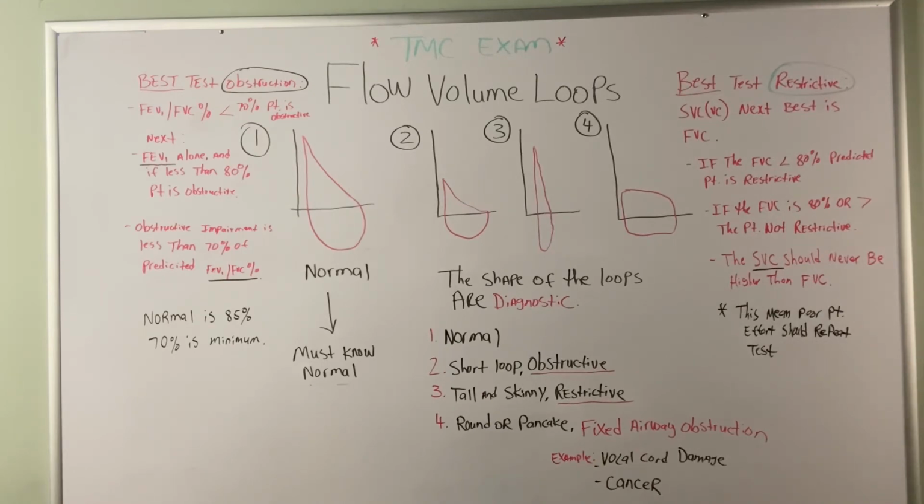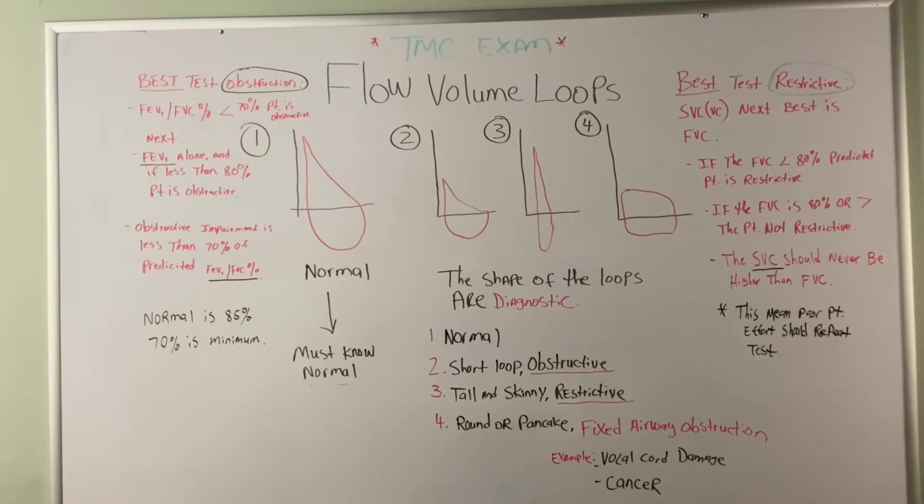Now, on the TMC exam, you will definitely run into this scenario. The SVC, or slow vital capacity, should never be higher than your forced vital capacity. You'll see that on the exam because this means that there was poor patient effort and you should repeat the test.